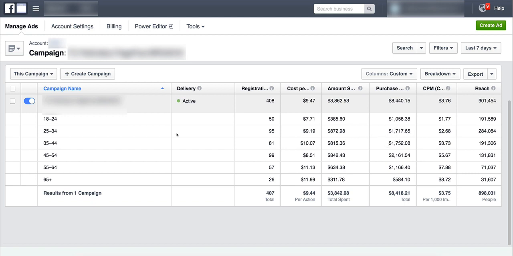But look at this, the 45 to 54 year olds. All of a sudden, it's like a little nugget in between 2 age groups where it's actually my second best converting age group. I spent $800 to generate $2,100. It's converting better than these 2 age groups right here.